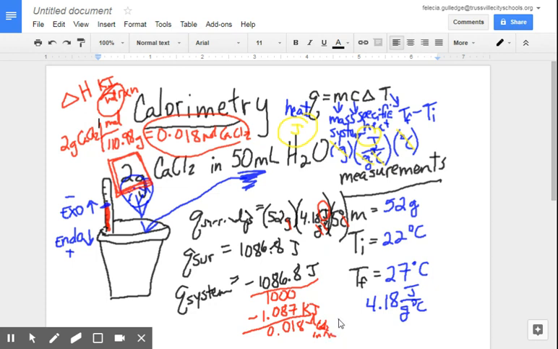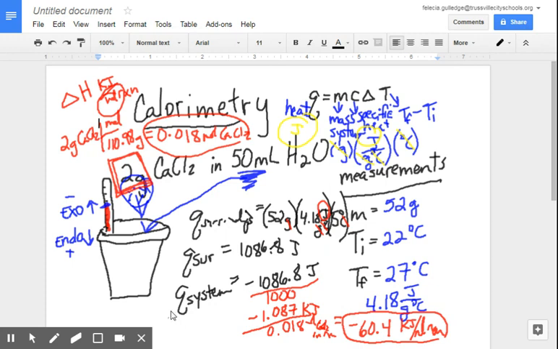My reaction is going to give me delta H. So let me do that calculation there. 1.087, a negative value, divided by 0.018 gives me a value of negative 60.4 kilojoules per mole reaction. And that will be my enthalpy, my delta H.